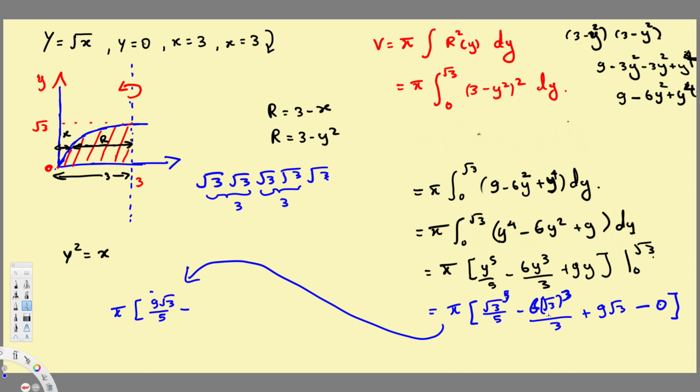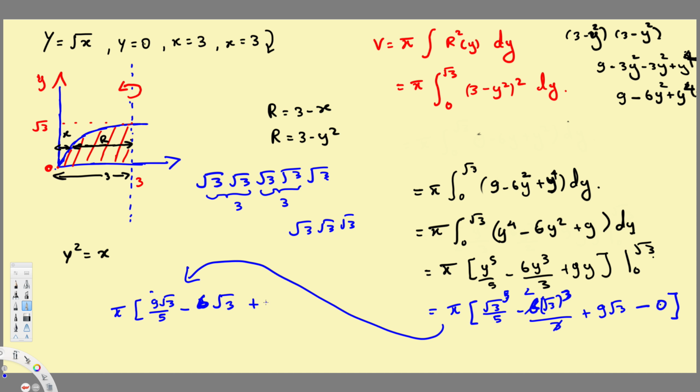Then 6 over 3 simplifies to 2, times root 3 cubed. Root 3 times root 3 times root 3 is the same as 3 root 3, so multiplying that 3 with 2 gives us 6 root 3.